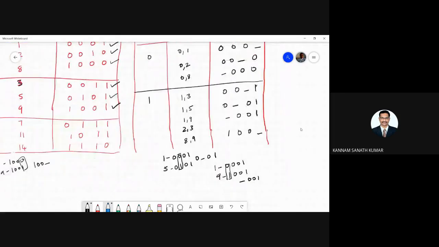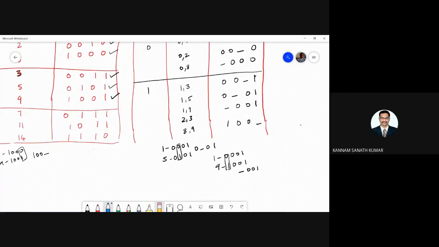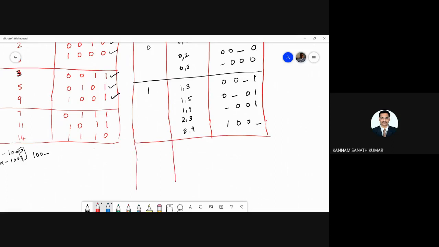Okay, so next, group 1 is over, so next I need to do group 2. Group 2 means comparing the group 2 and group 3 elements. So if you see group 2, let us take 3 comma 7.